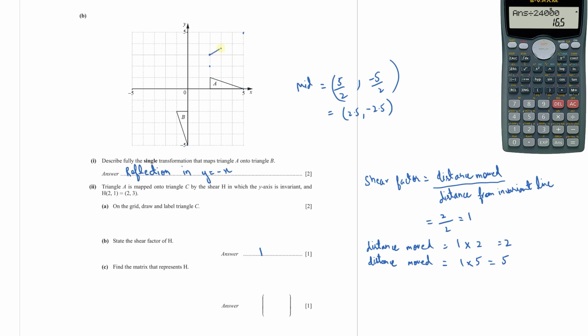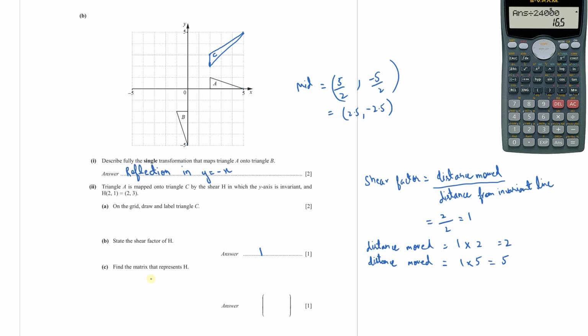You can use a ruler to draw a straight line; I'll just draw this by hand. So this is the point, and this is a straight line, and then this, and then I'll join it like this. So this will be your triangle C after the shear. And you have already calculated the shear factor, which is 1.